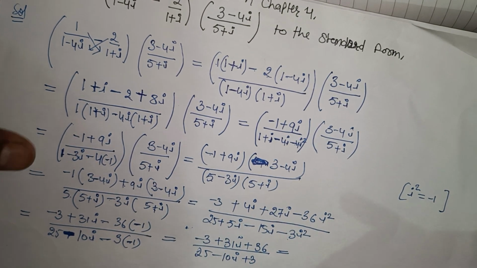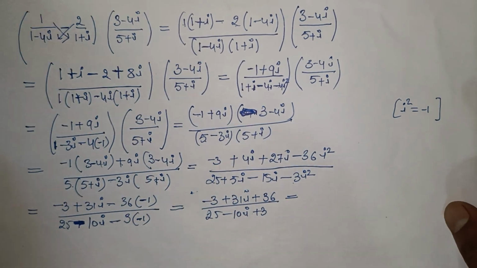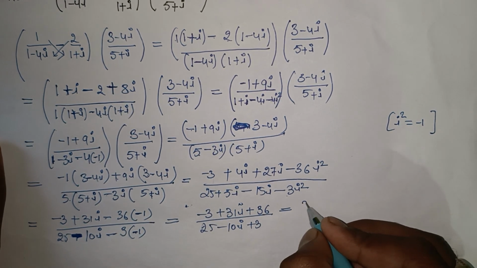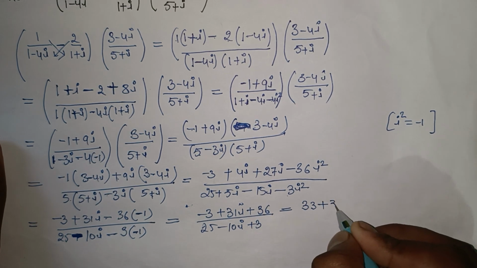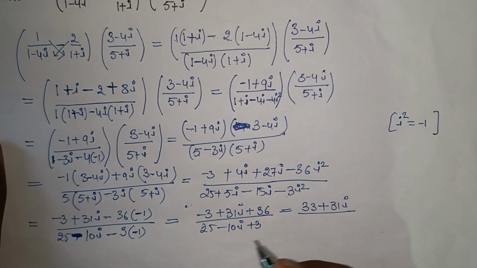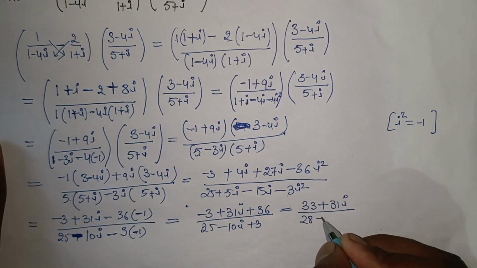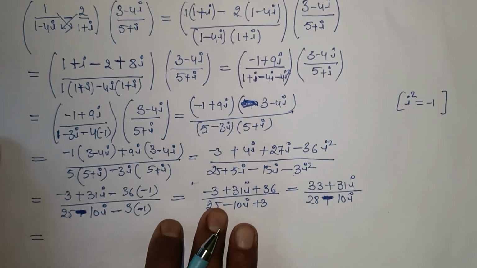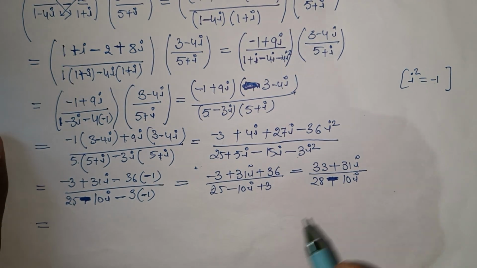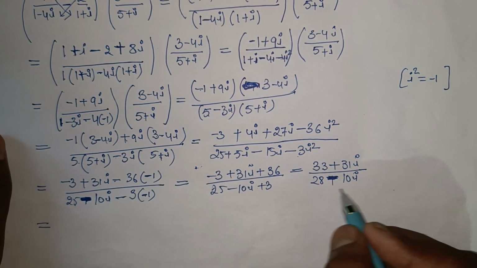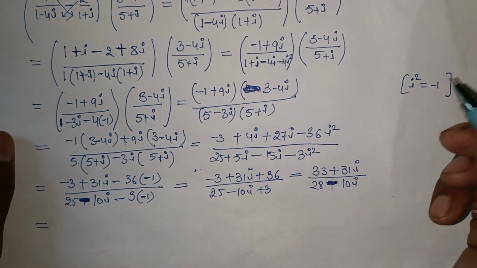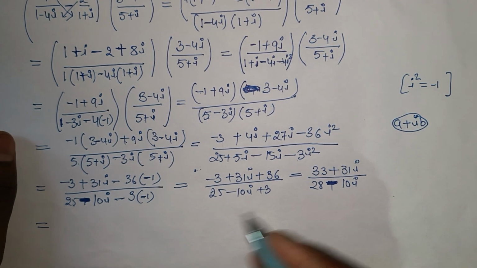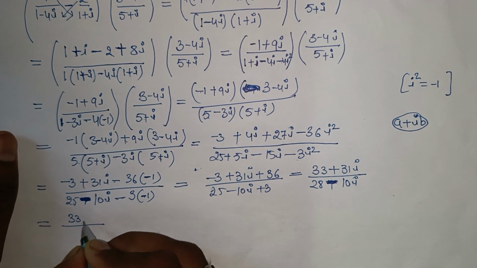So the numerator is minus 3 plus 36, that is 33, plus 31 iota, upon 25 plus 3, that is 28, minus 10 iota. Now for changing it to the standard form, we have to rationalize the denominator, because in the standard form we have to write it as a plus iota b.